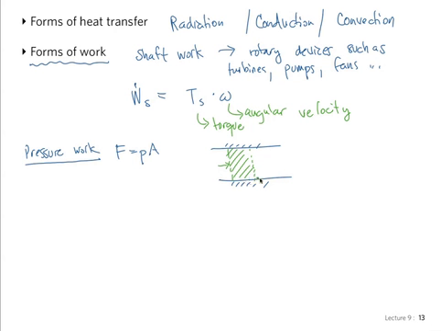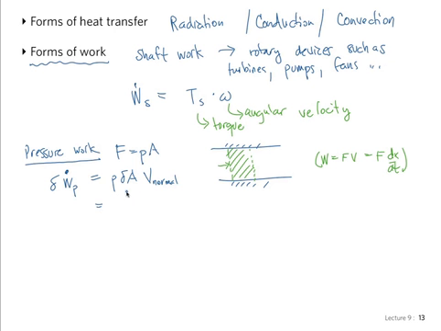Work, you remember, is force times velocity. So this is equal to force times dx dt. So suppose we have a small differential of work because we've moved this just a little small distance. Pressure work. That's pressure times the differential of area times the normal velocity. So force times velocity, remember, work is force times velocity.